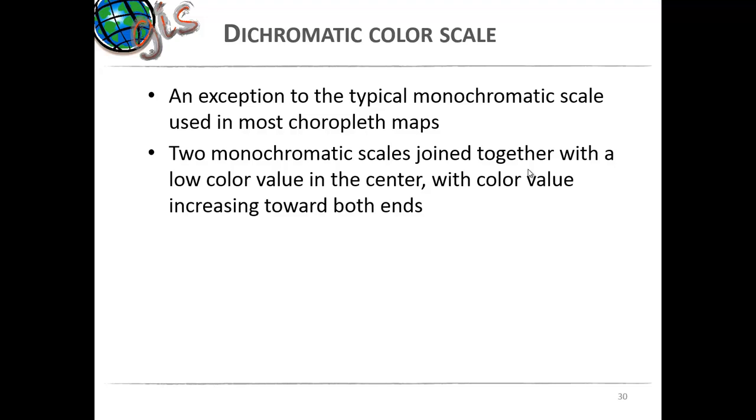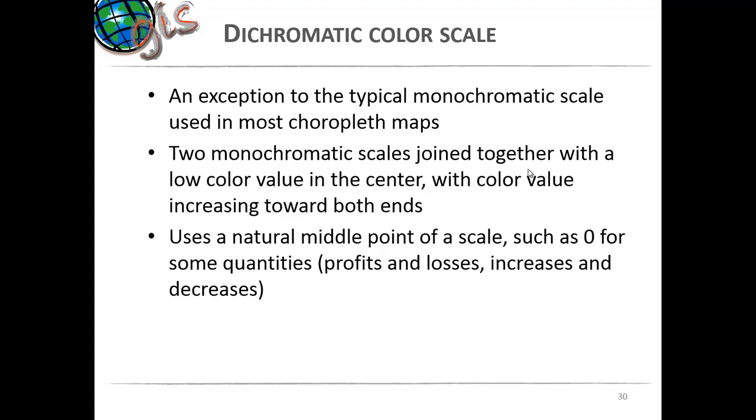The dichromatic color scale is an exception to the typical monochromatic scale used in most maps. Two monochromatic scales join together with a lower color value in the center, with the color value increasing towards both ends. So it uses a middle point, such as 0.